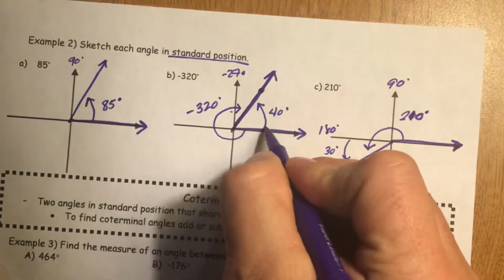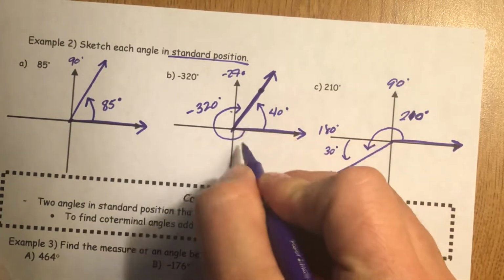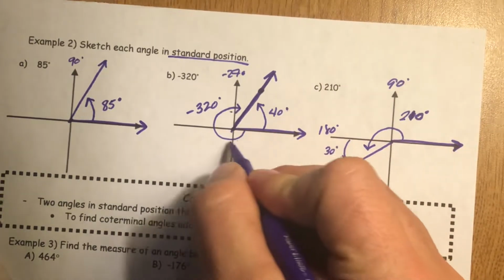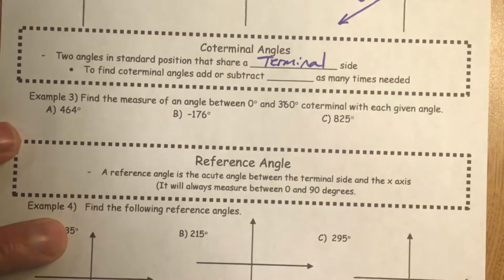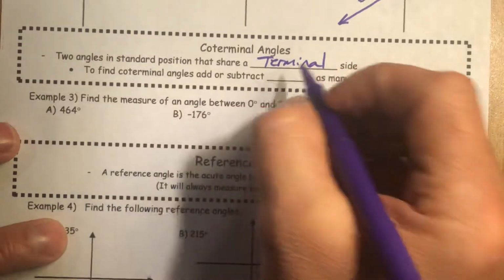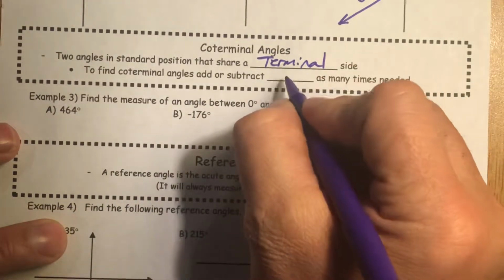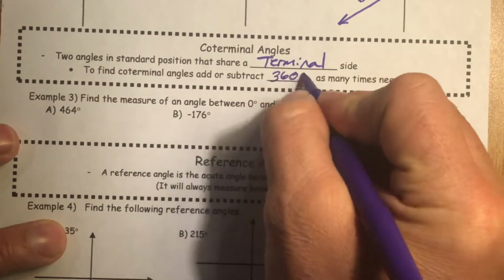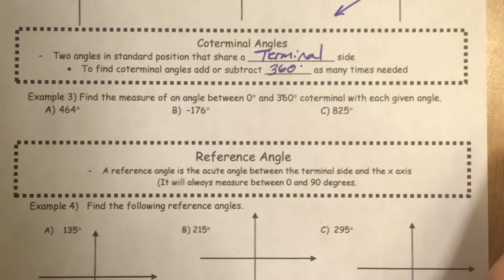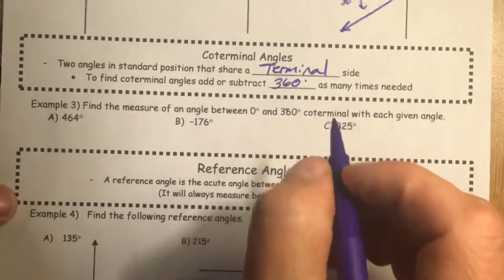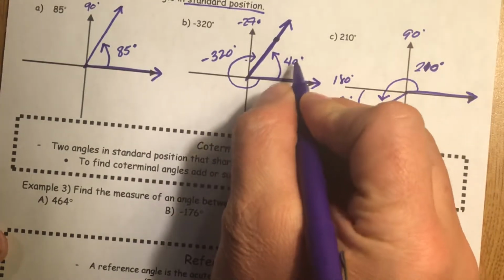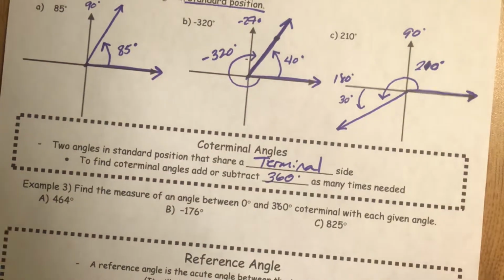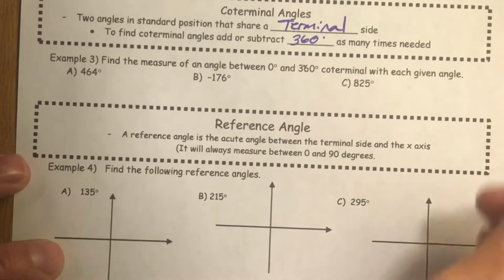You notice how 40 degrees and negative 320, they both share that side. To find coterminal angles, add or subtract 360 as many times as you need, because we want whatever this coterminal angle is, we want it less than 360, okay? All right.